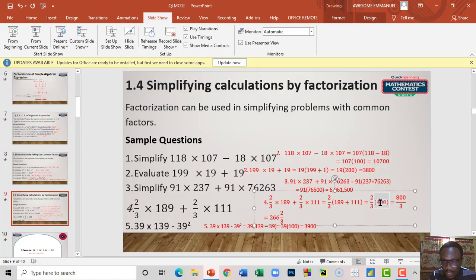So if we keep 300 here, then this 3 cancels this 3. What I have left is 100. 2 times 100 will give me 200. Let me just correct that: 200.